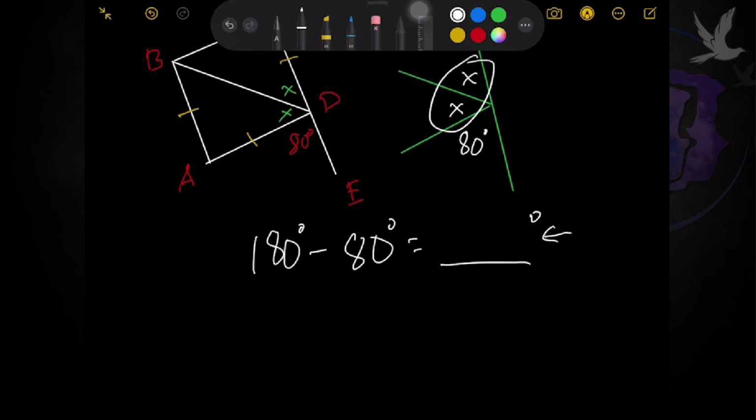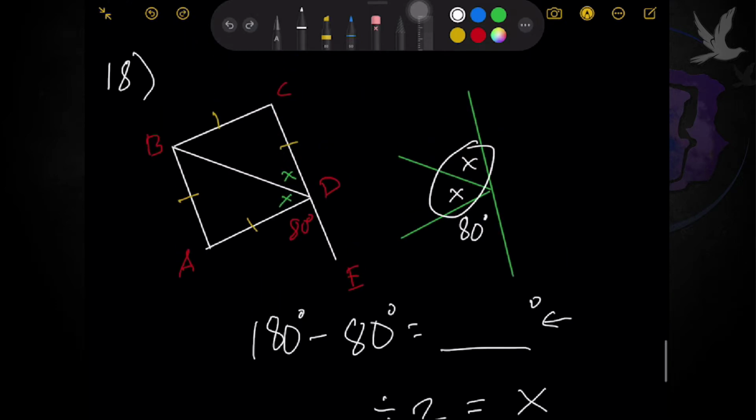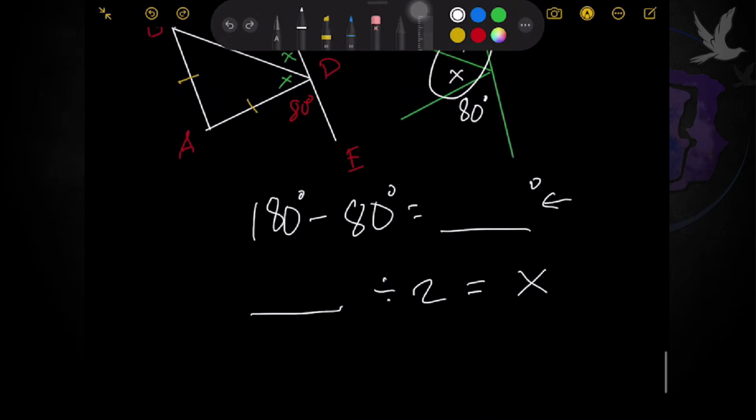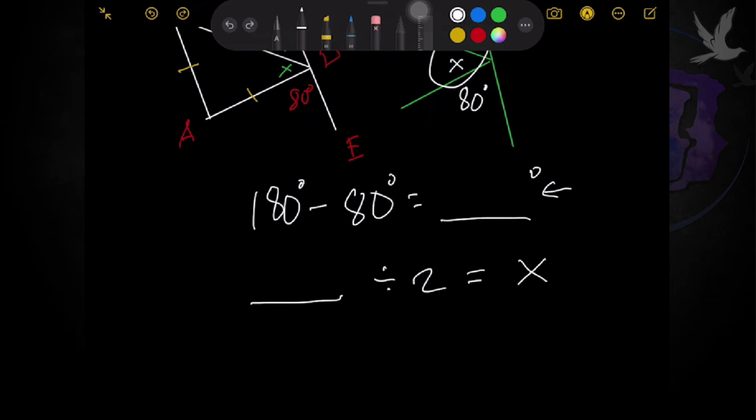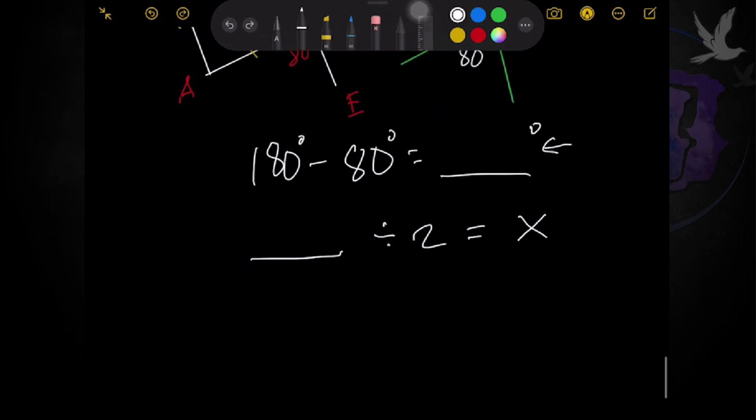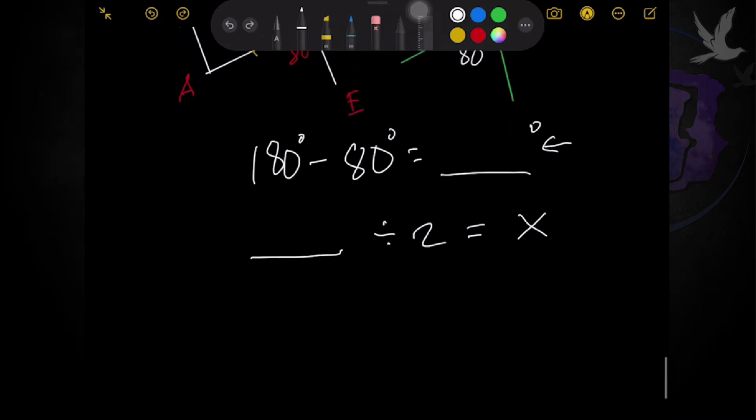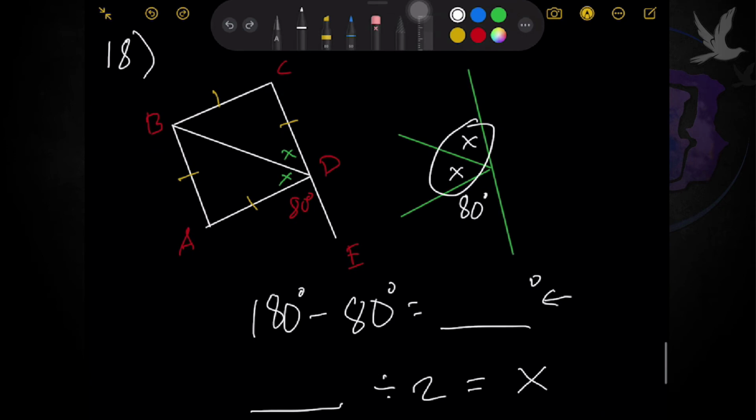All you have to do now is take your answer and divide it by 2 to get the answer for each angle. Okay? Ganun lang yung pag-solve natin sa 18. That's how you solve for that whenever you have two angles or two variables that are the same. Actually, you already learned about this sa algebra ninyo. Okay? So that's how you solve number 18.